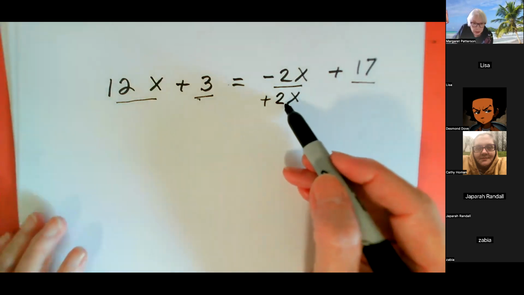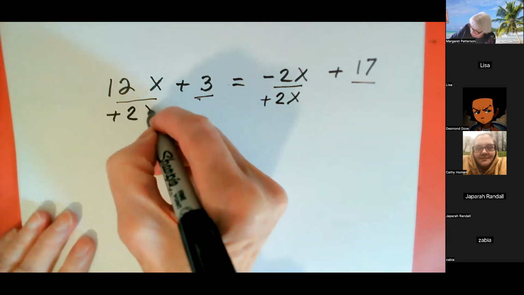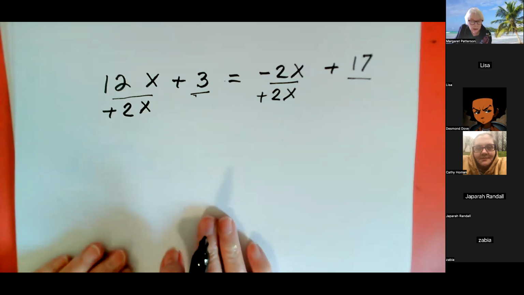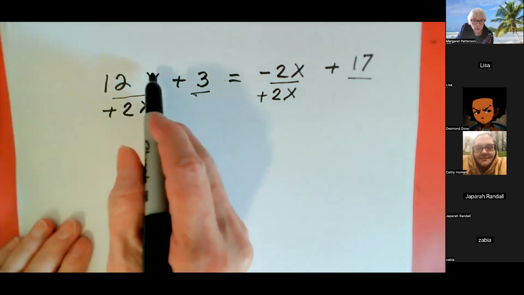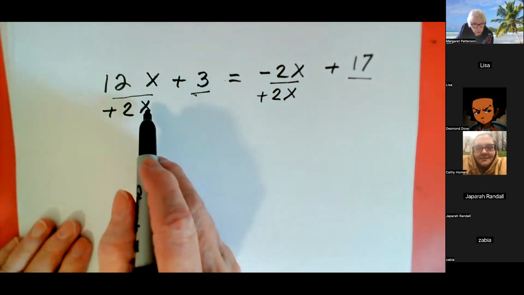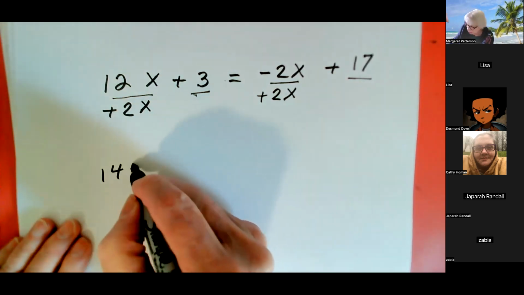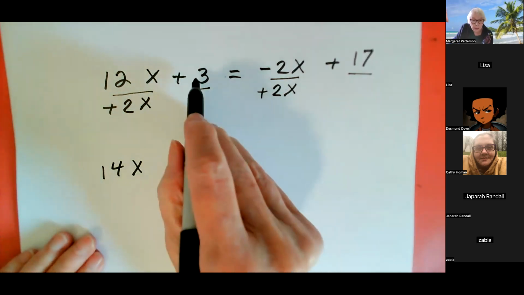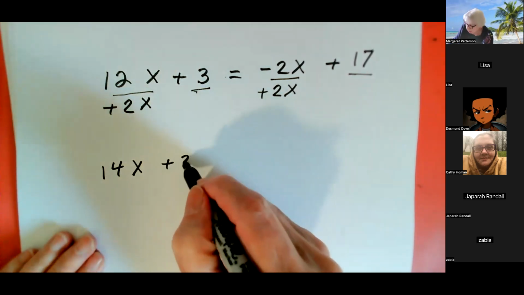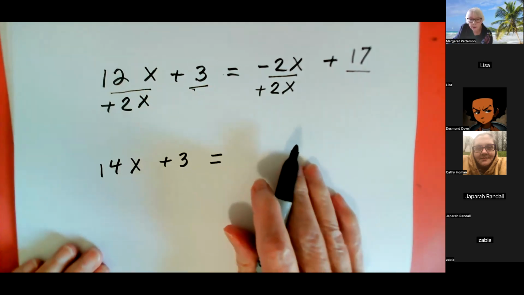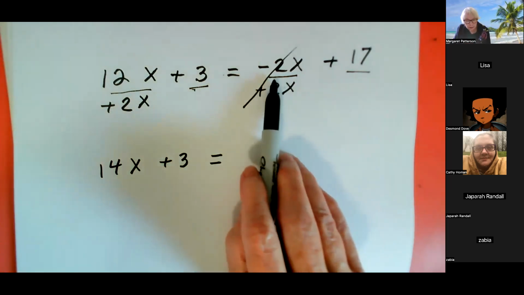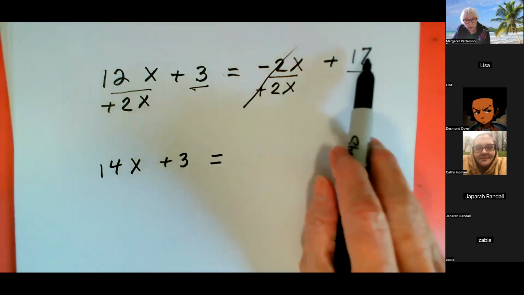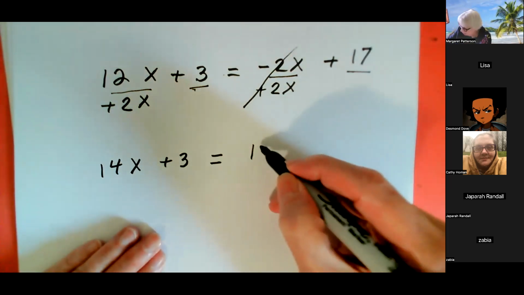But once I decide to do that, I have to do the same exact thing on both sides. So over here, 12x plus 2x makes 14x. And this is +3 that I can't ignore. But I intentionally cleared the x out from this side, so that's 0, but what I still have is the number 17.